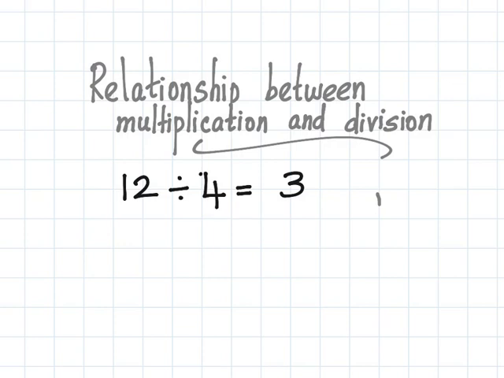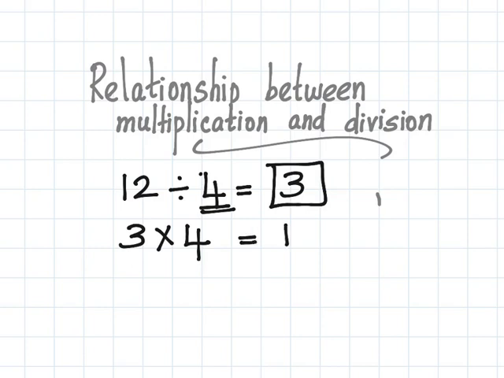So now use the same quotient 3 times the divisor, the same divisor goes here as a factor, equals 12. We know that 3 groups of 4 is 12, right? That means 3 times 4.